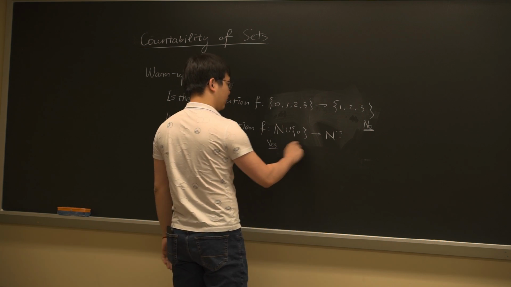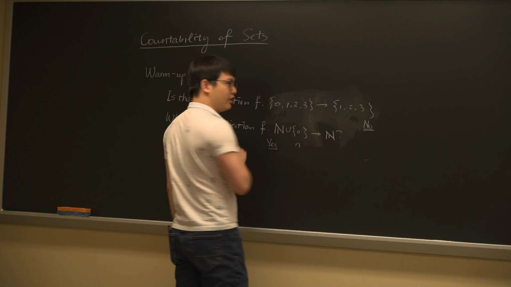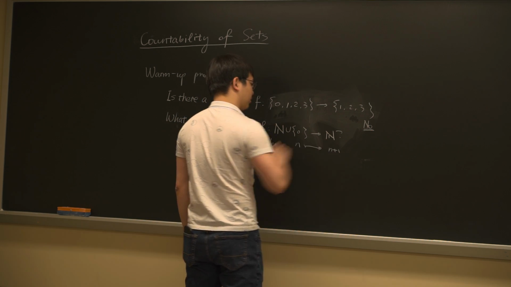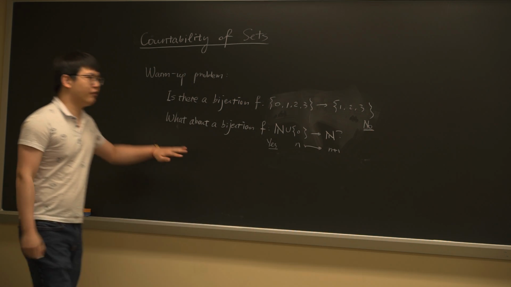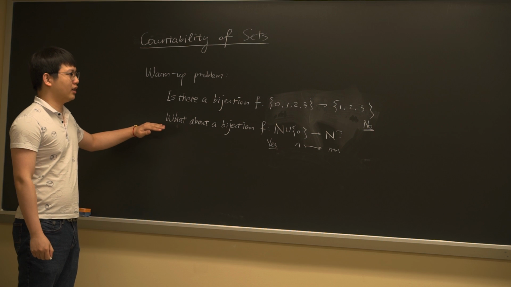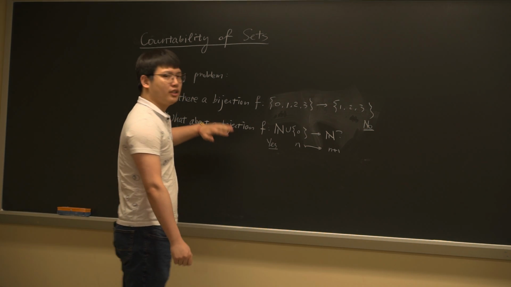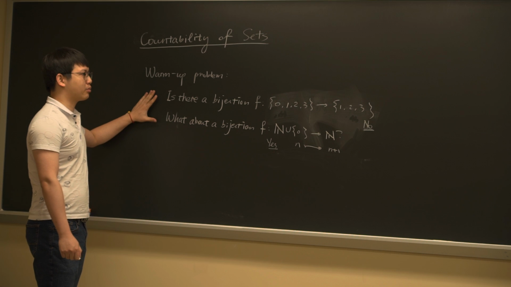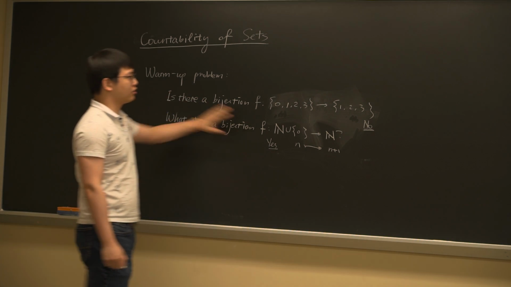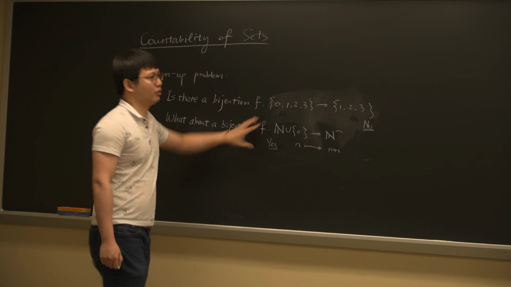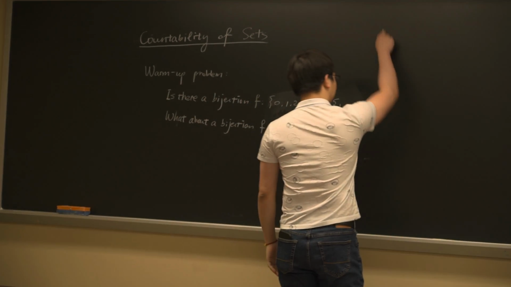And the map is: we can send any n in the natural numbers union 0 to n plus 1. So it's okay if you haven't thought about this, but we're going to talk about it later. What we're trying to see from this warm-up problem is there's a huge difference between finite sets and infinite sets, which we're going to talk about here.